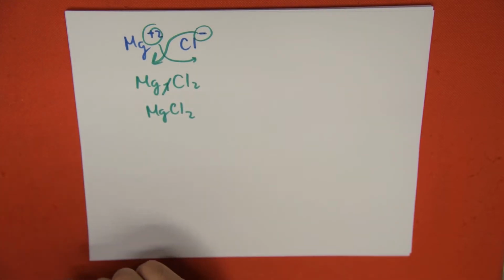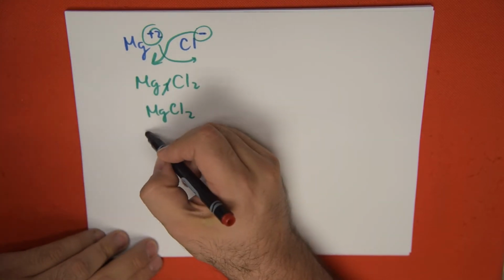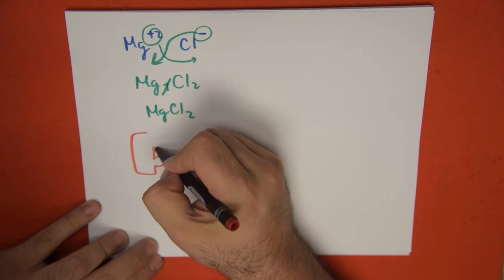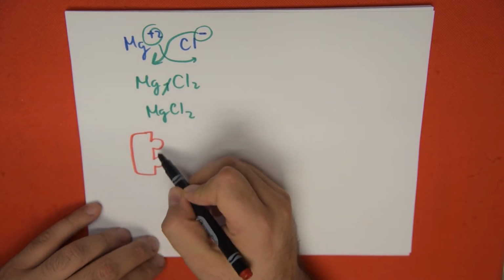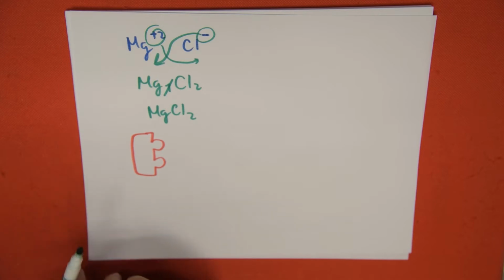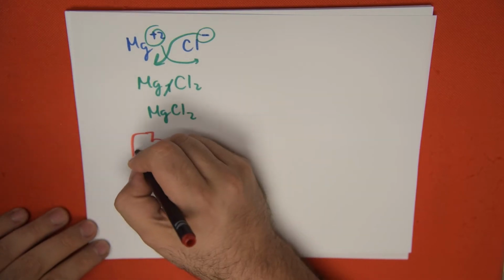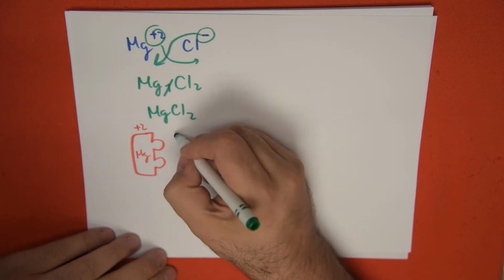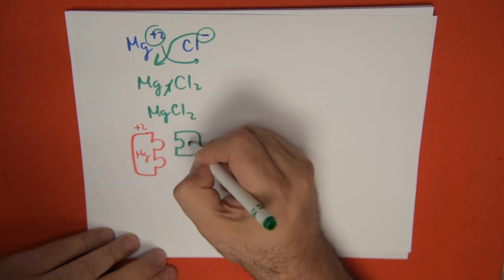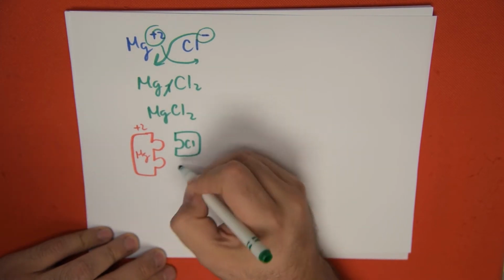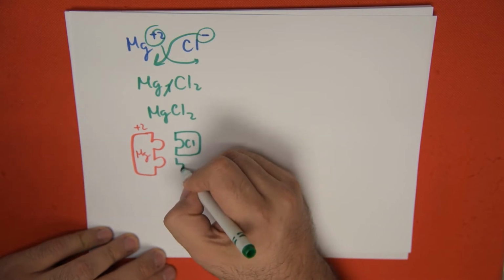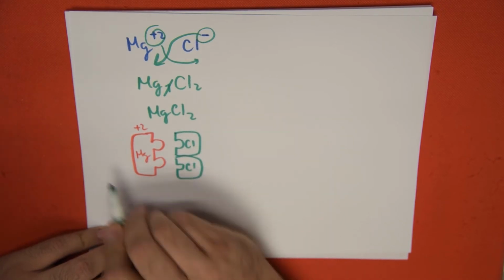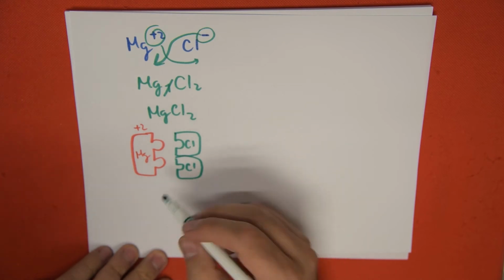And if we try to do it graphically, remember, magnesium wants to give away 2 of its electrons that I'm representing here with these little 2 humps in the puzzle piece, +2. And chlorine is a smaller piece, which is like this, and it can only receive 1. So how many pieces of chlorine are we going to need to complete the puzzle? We're going to need 2, right?